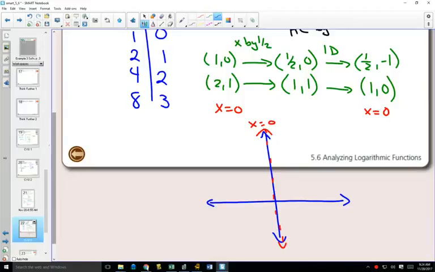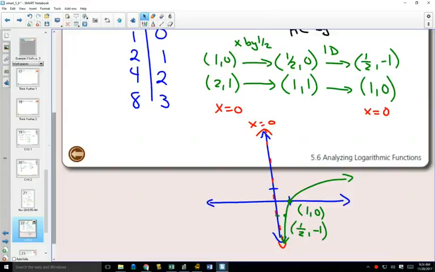Plug our points in. So we now have 1, 0 and 1/2, -1, and draw the shape of your graph.